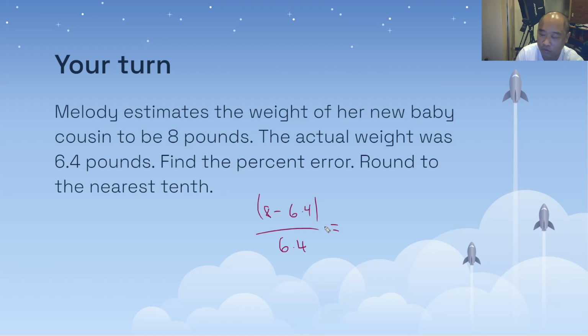So we'll only want to go 3 places after the decimal if we have to. Sometimes we won't have to. So what is that? 1.6 over 6.4, and that is 0.25, 25%. Good guess.